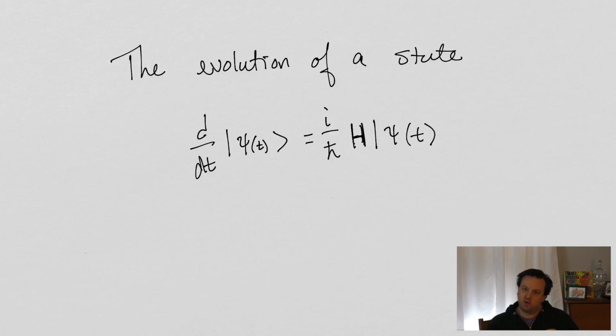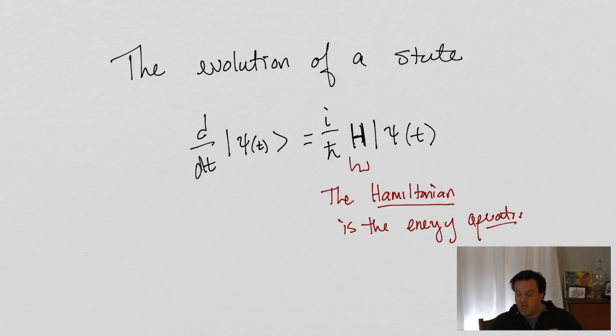What the Schrodinger equation says is that the time derivative of a state, which of course tells me how that state is changing, is given by the right-hand side of this equation, which is the operator known as the Hamiltonian. If you're taking classical mechanics, the Hamiltonian is an operator that talks about the energy.